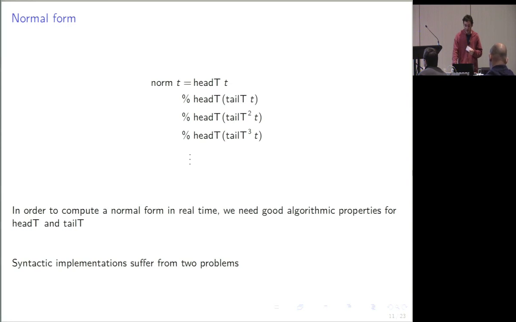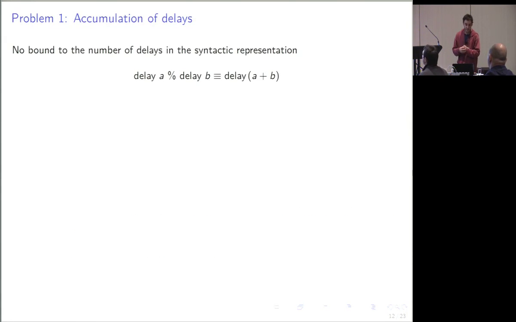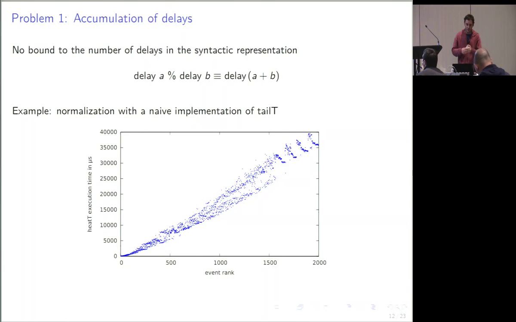But with the syntactic representation, we have two problems. The first one is that for a given tile, we can have an arbitrary number of delays, because this relation holds all the time. So, for instance, with the code that I started with, the implementation of tailT actually increased the number of delays in the tile.